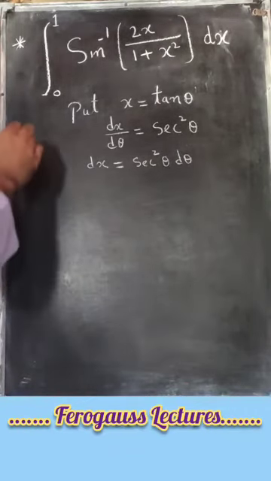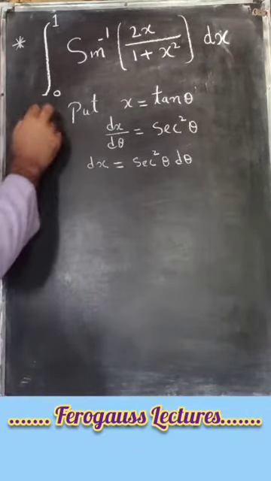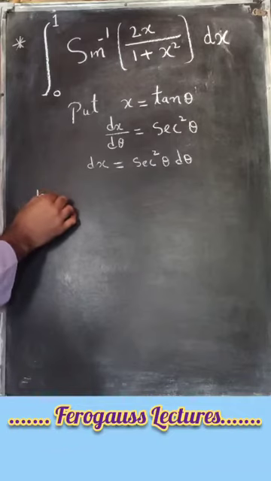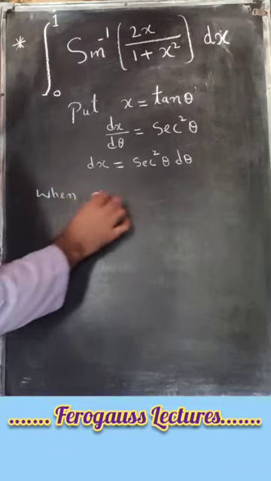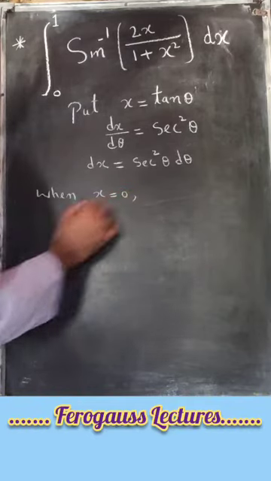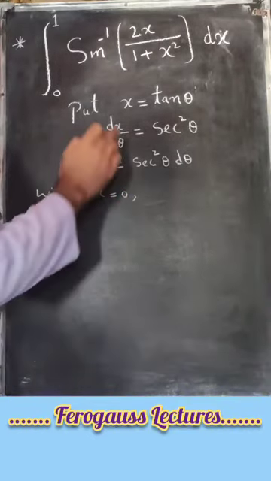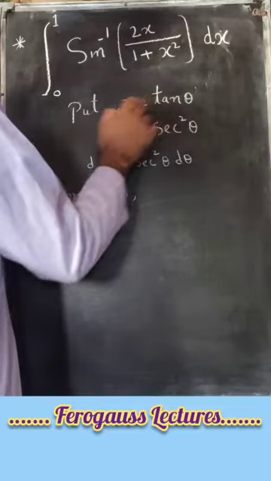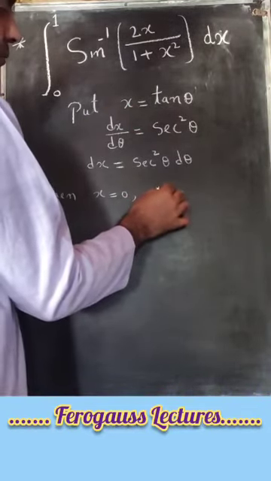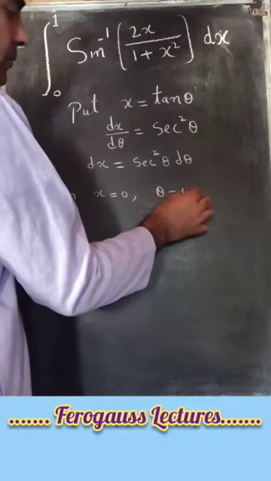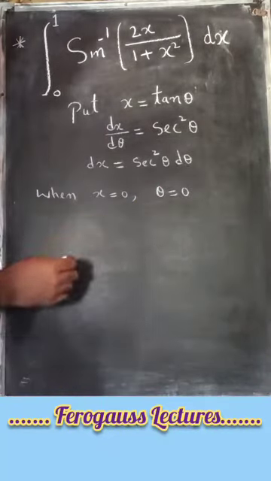Also, when x is equal to 0, at that time we get tan theta equal to 0 and theta is equal to 0, because tan 0 is equal to 0.